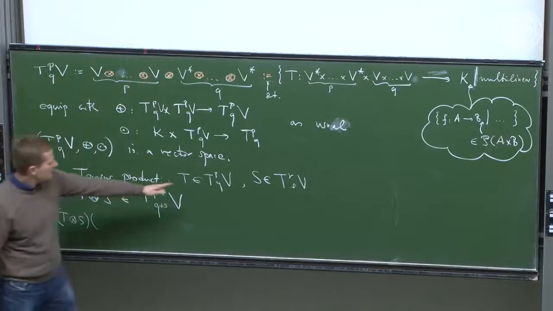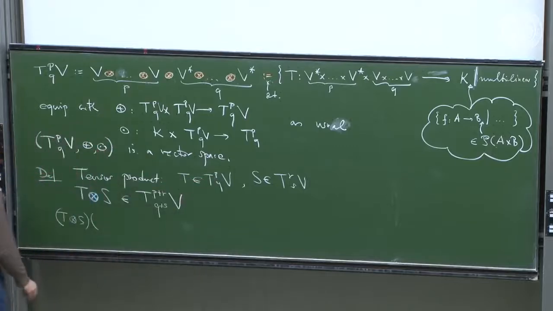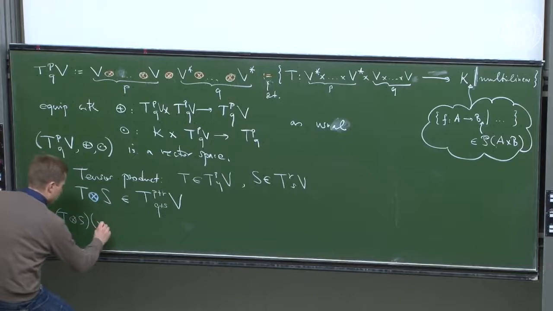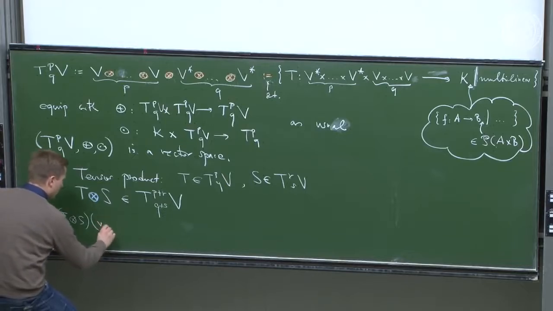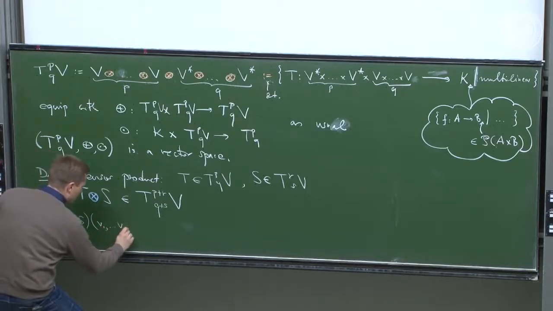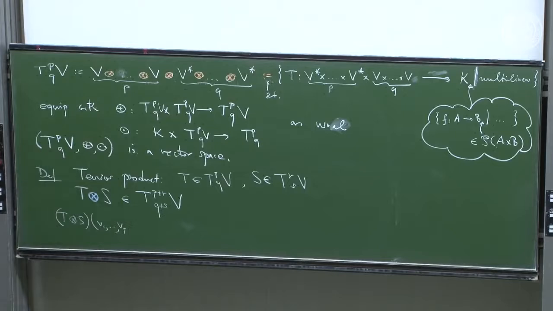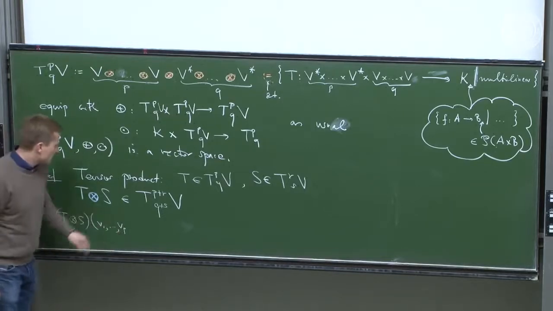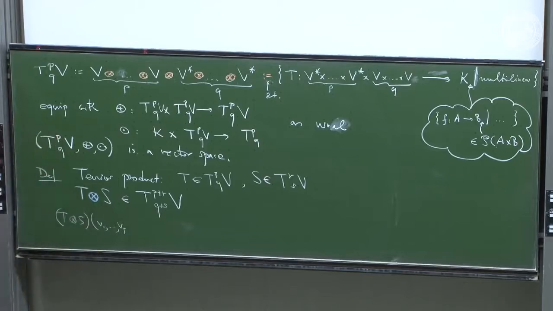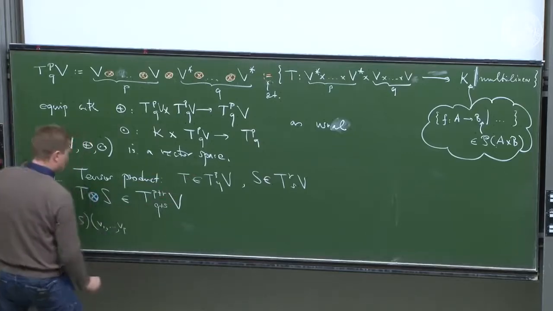T tensor S. Now, T can eat up P vectors, so that's V1 to Vp. So these are not components of a tensor or a vector. We've never talked about this so far. These are individual vectors. They're called V1 to Vp. But then the S can eat R of those.